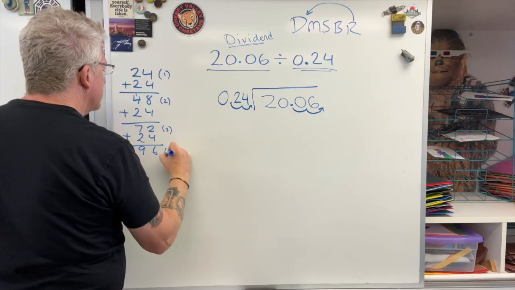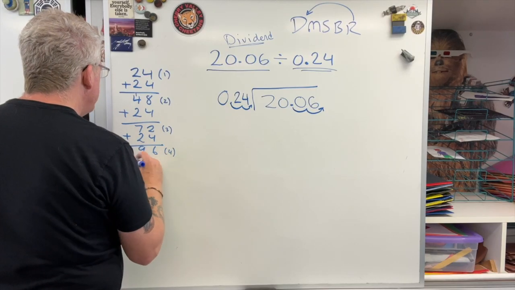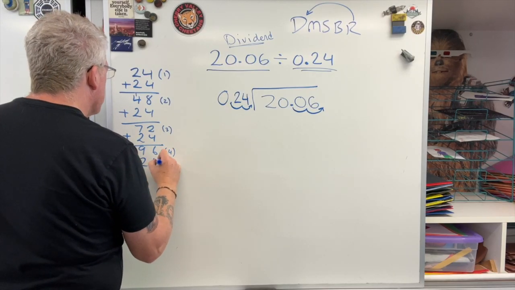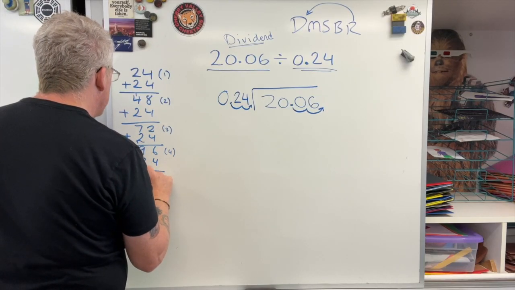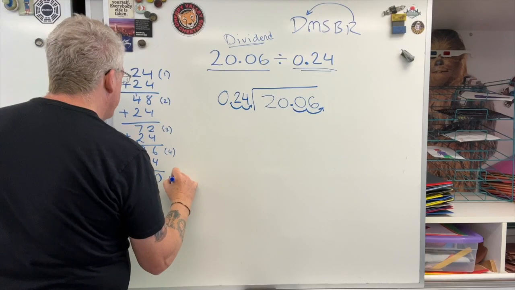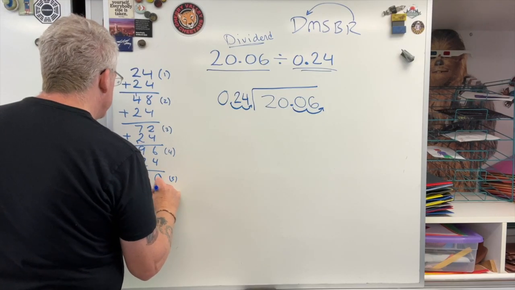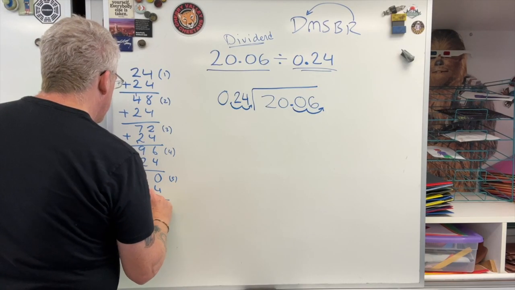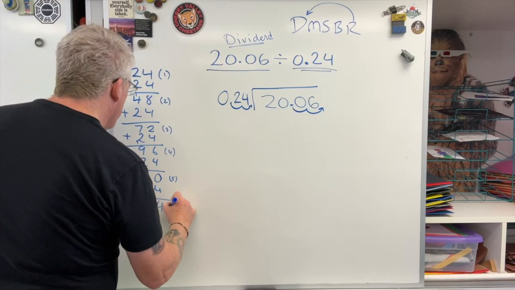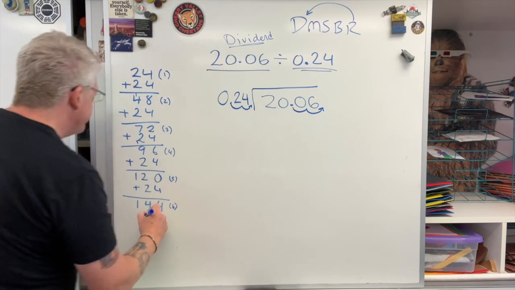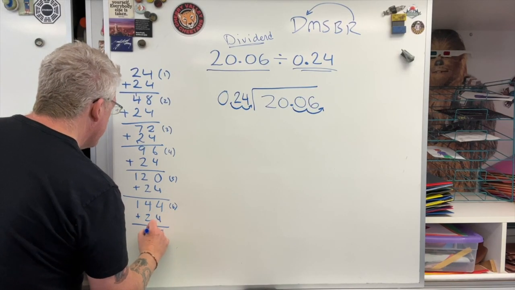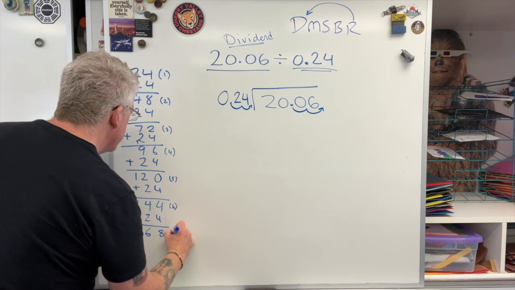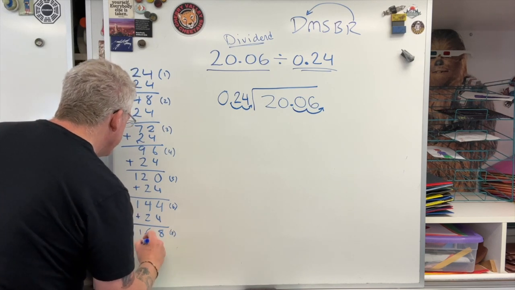This is 24 times 4 plus 24. Remember, multiplication is just repeated addition. 24 times 5. This is 24 times 6. This is 24 times 7.